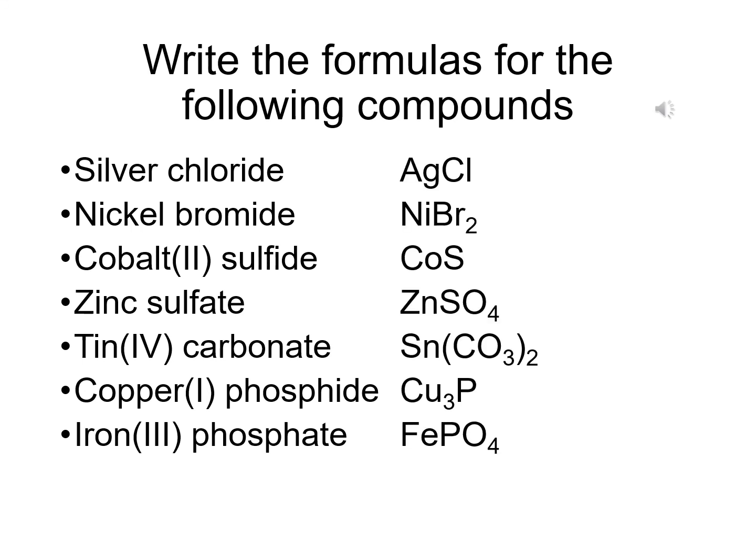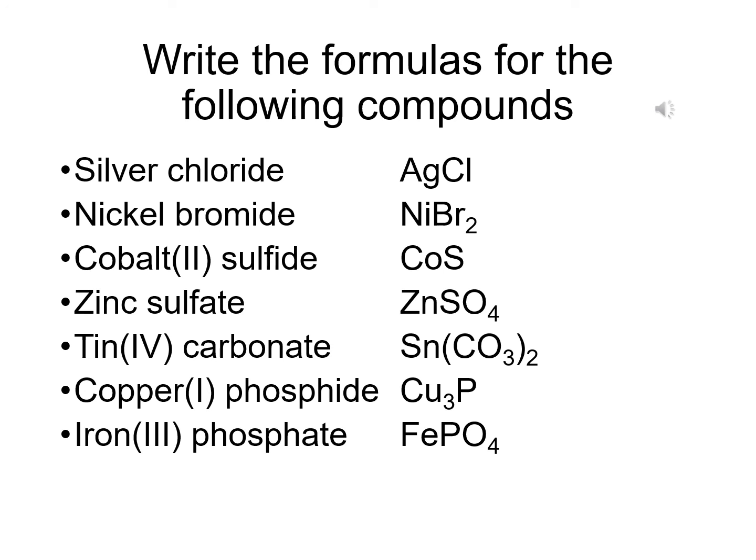All right, so silver has a +1 ion, and so we need 1 silver, and chloride forms a -1 ion, being a group 7 element. So we have 1 silver and 1 chlorine in silver chloride. Nickel bromide. So nickel forms a +2 ion, and bromine forms a -1 ion.